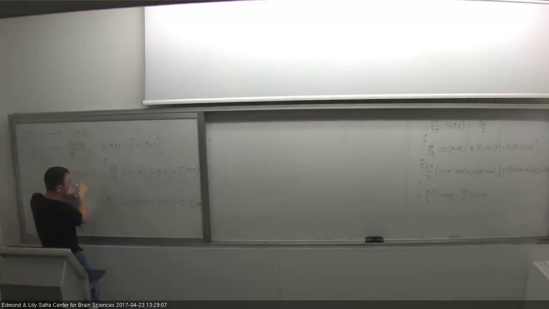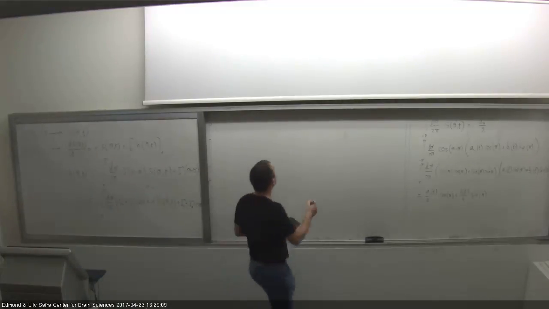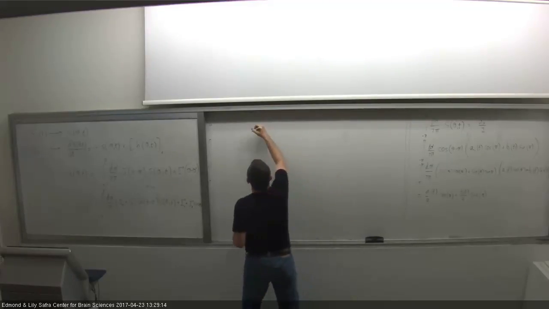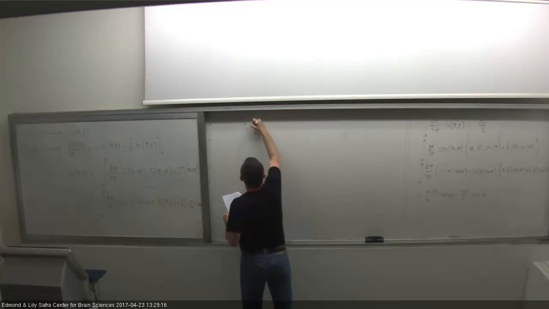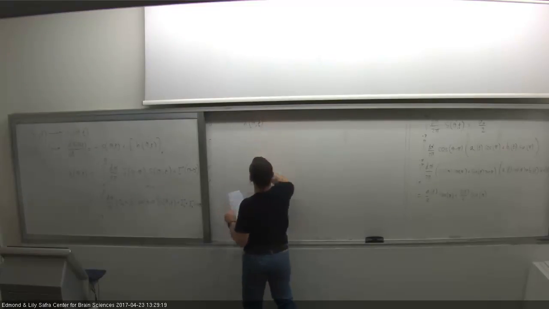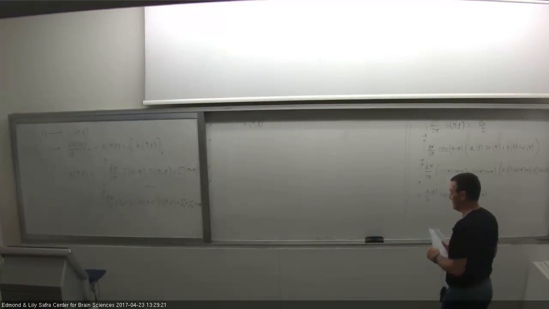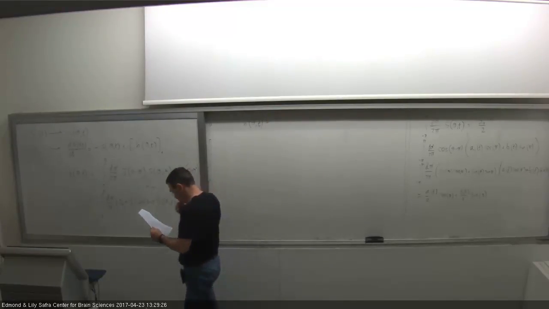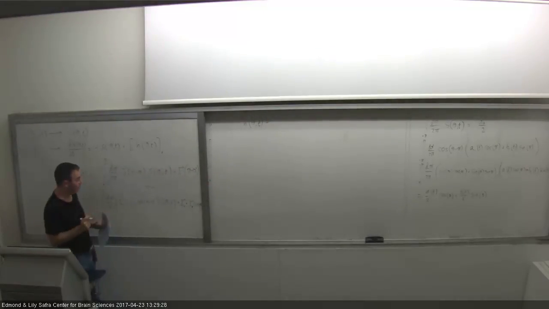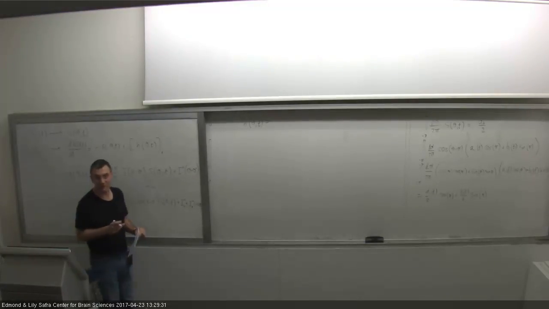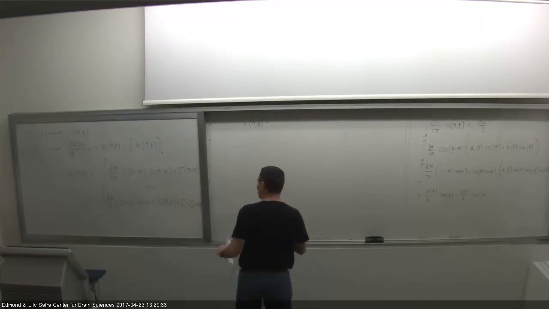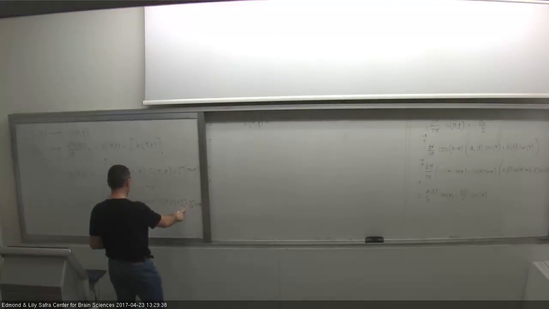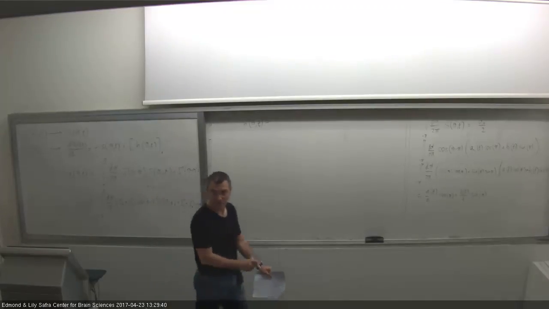So now we need to consider the input. The input to neuron theta has basically two terms. There is a term that is independent of theta, which comes from this I0 term and the J0 term.